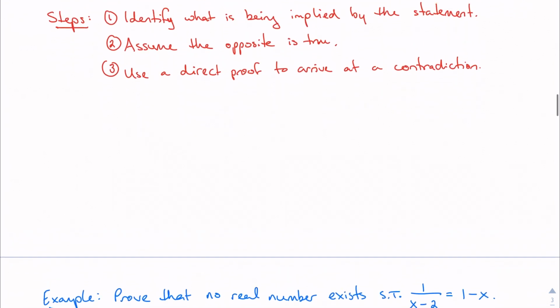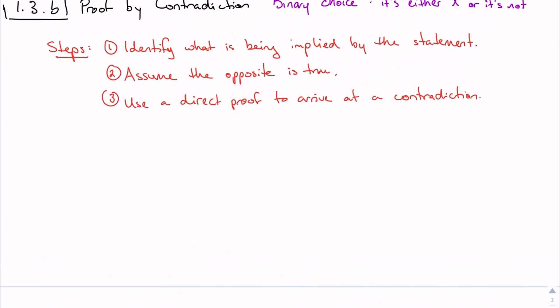So our steps for solving by contradiction are to say, first of all, what's going on in the problem? What's being implied by this statement? And then we're going to take that statement and assume the opposite is true, usually because we know more about the other situation than we do the one we're given to work with. But we also know along the way that the assumption I made is being made to be disproven.